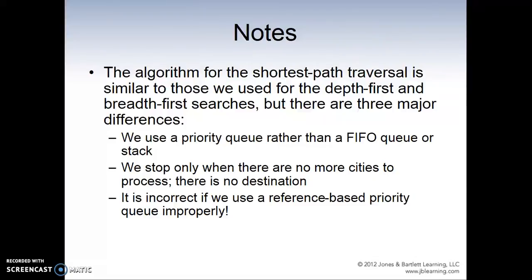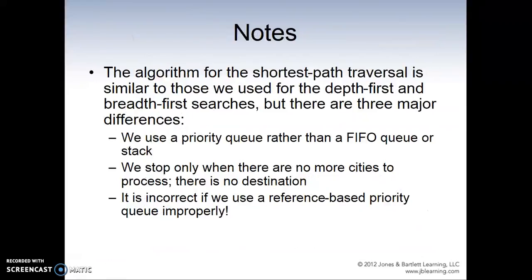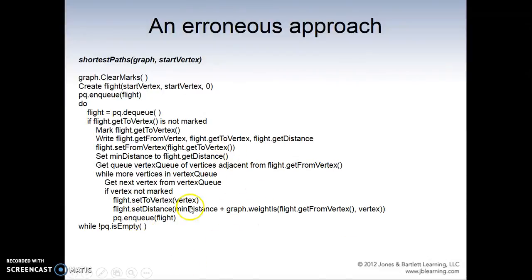So that means that's the end, no more destination. It is incorrect if we use a reference-based PriorityQ improperly. So we see the first one here has kind of an error. So we just look at an overview here.